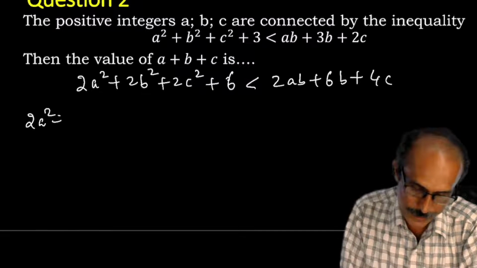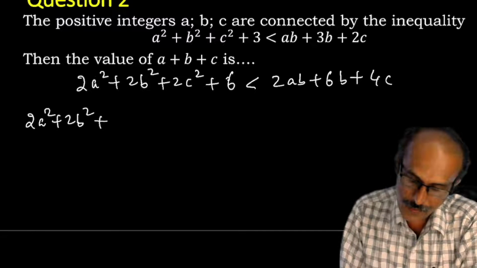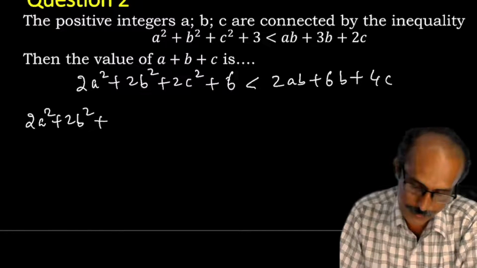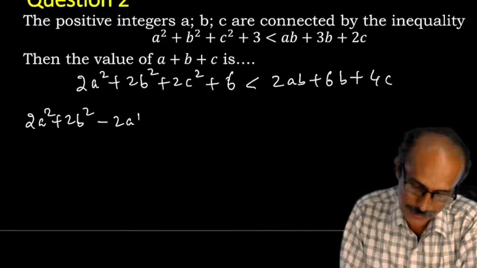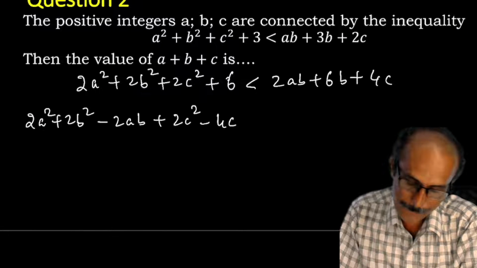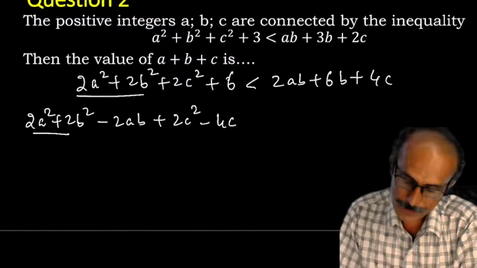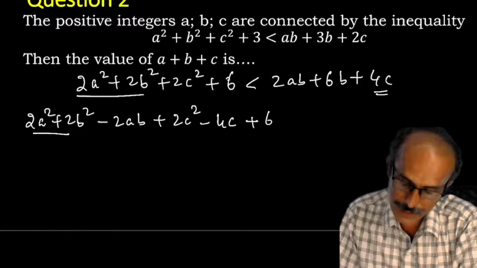So 2a square plus 2b square minus 2ab plus 2c square minus 4c, right? So this is there with here. Okay, so 2c square minus 4c is taken here. So minus 6b. Okay, so plus 6 is there, minus 6b, less than 0.